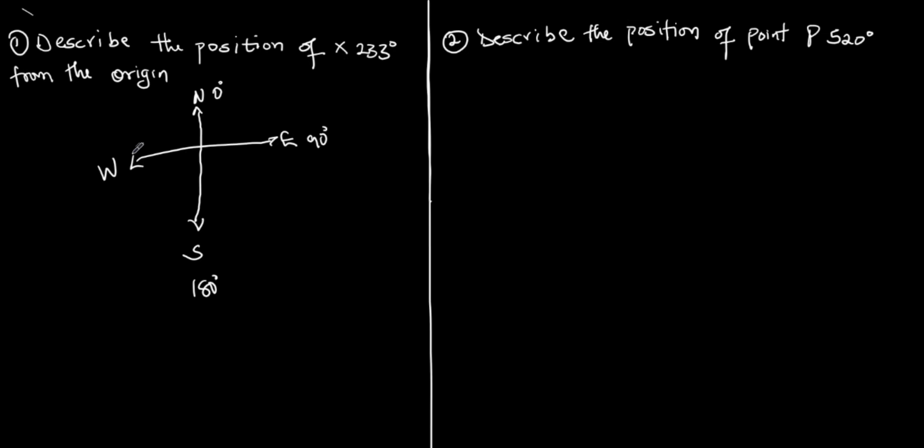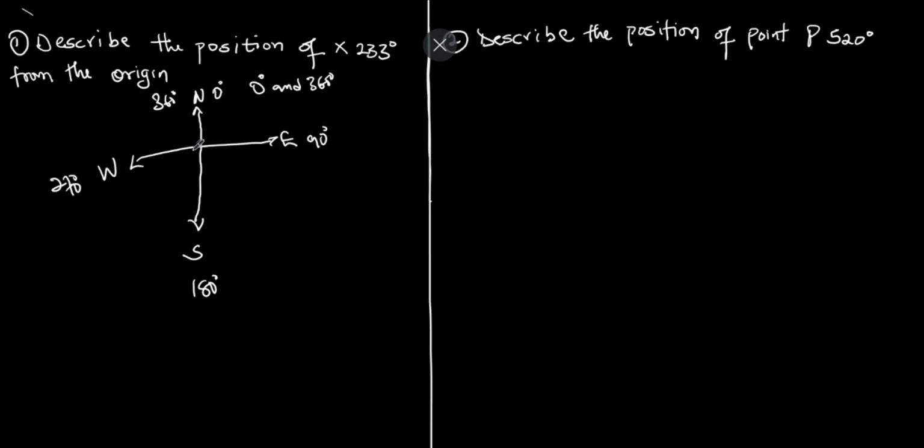Between the south and the west is another 90 degrees, so from the origin down to the west is 270 degrees. Between the west and the north back to the origin is another 90 degrees. So if you move round, starting from the north and ending back at the north, we get 360 degrees. So the north is both 0 degrees and 360 degrees, right?